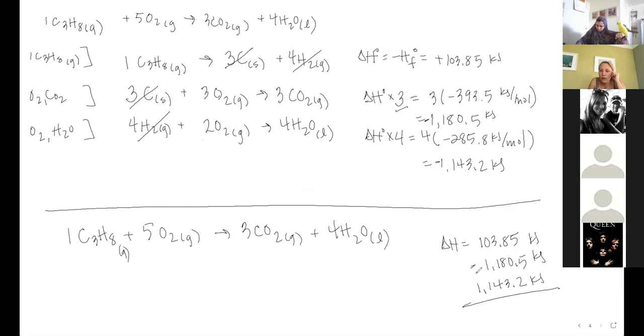So 103.85 minus 1,180 minus 1,142 gives you roughly minus 2,220 kilojoules of energy from this combustion of propane gas.